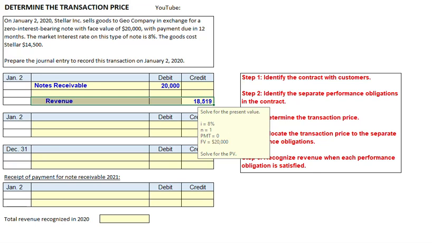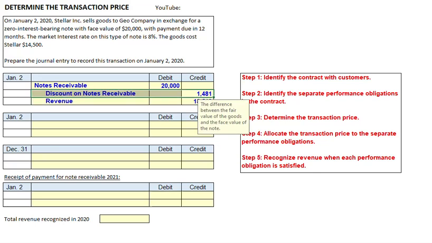And it has a face value or future value of $20,000. So we find our revenue portion related to the delivery of the goods is $18,519. So when we satisfy that performance obligation by delivering the goods, we will record $18,519 in revenue. And of course, the difference will be credited to a discount on notes receivable.